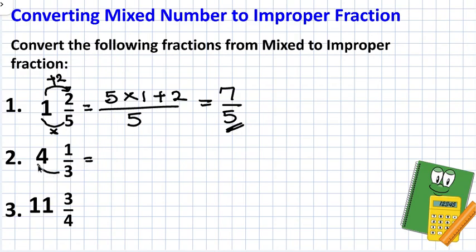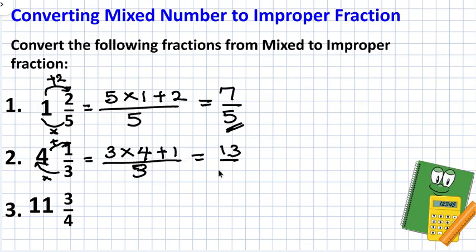You start from 3 times 4, then you add 1. Then you keep the denominator, 3. This is equal to 3 times 4 is 12. 12 plus 1 is 13 over 3.